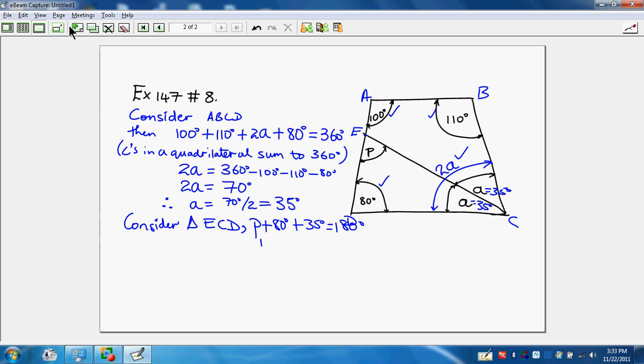So angle P must be equal to 180 degrees minus 80 degrees minus 35 degrees.